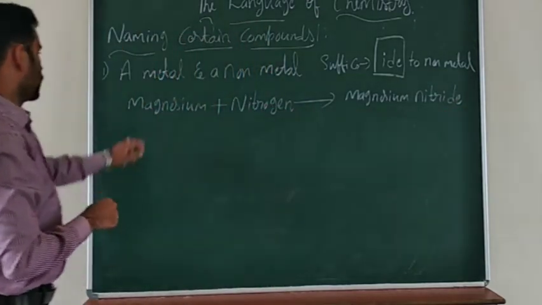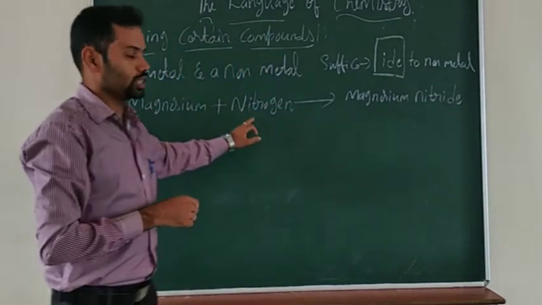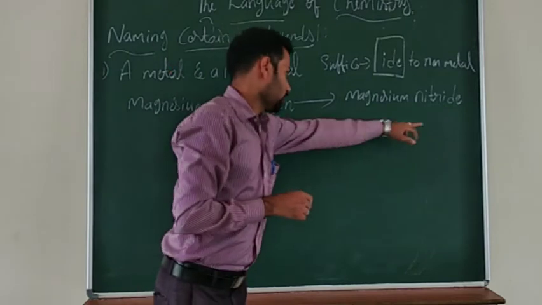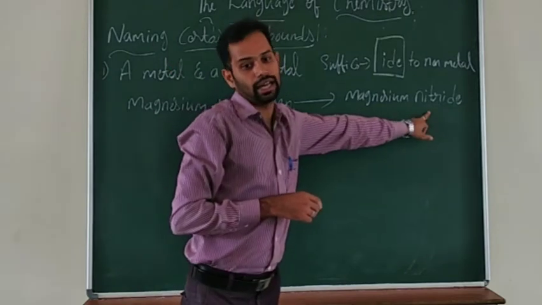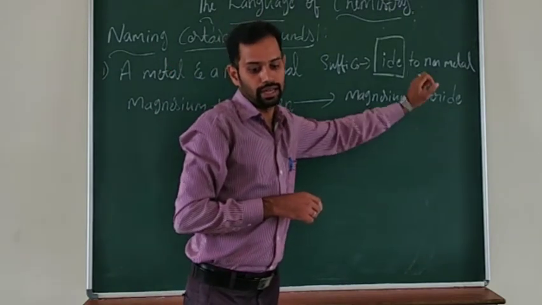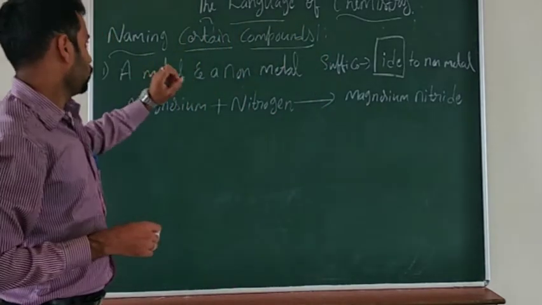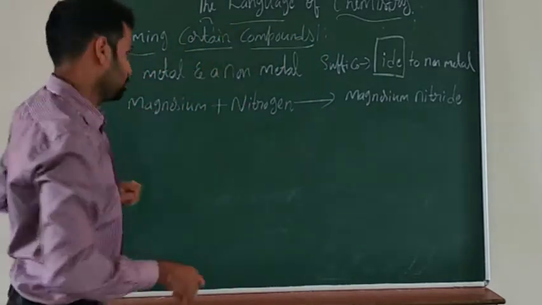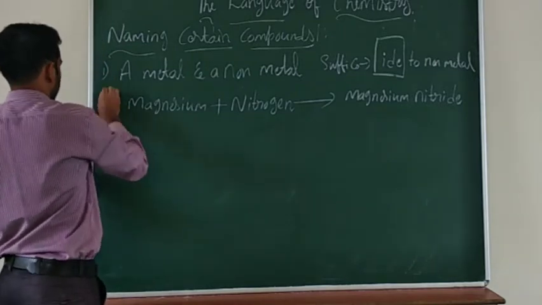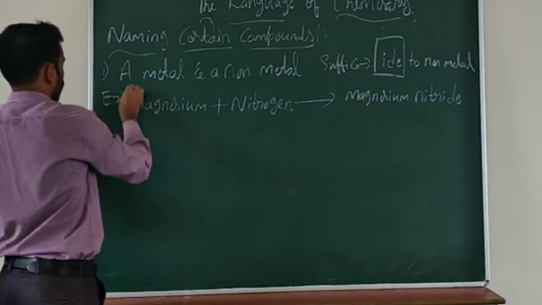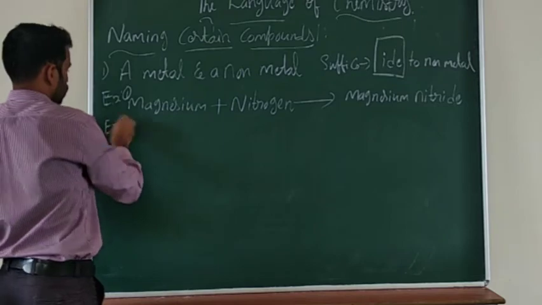So now magnesium is a metal, nitrogen is a non-metal, so it will form magnesium nitride. Okay, so this is how to name when a metal and non-metal are there. One more example: example 2.